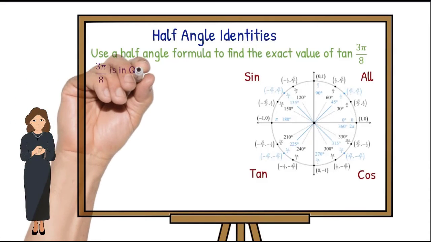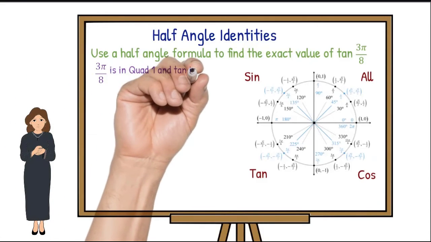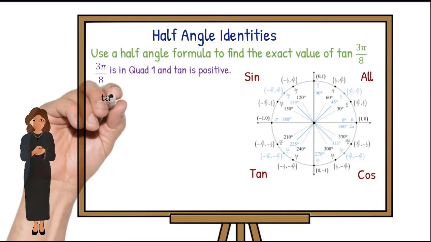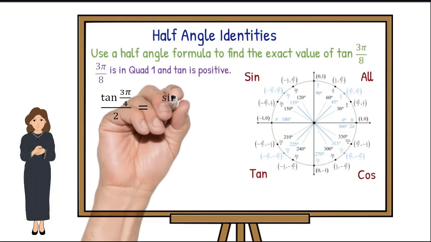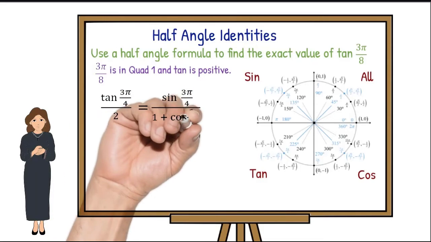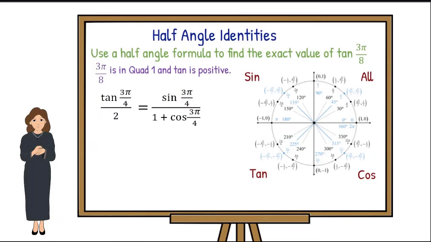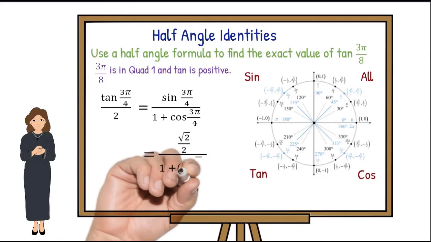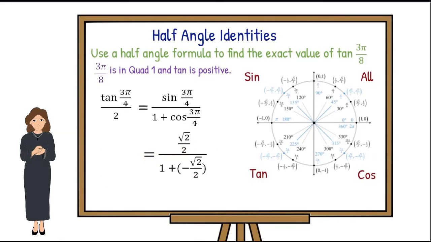So looking at our angle, we're looking at quadrant 1, where tan is positive. And we're going to divide by 2, so this is 3 pi over 4 divided by 2. And this time we're going to use one of the tan formulas. We're going to substitute in the value of 3 over 4 pi.